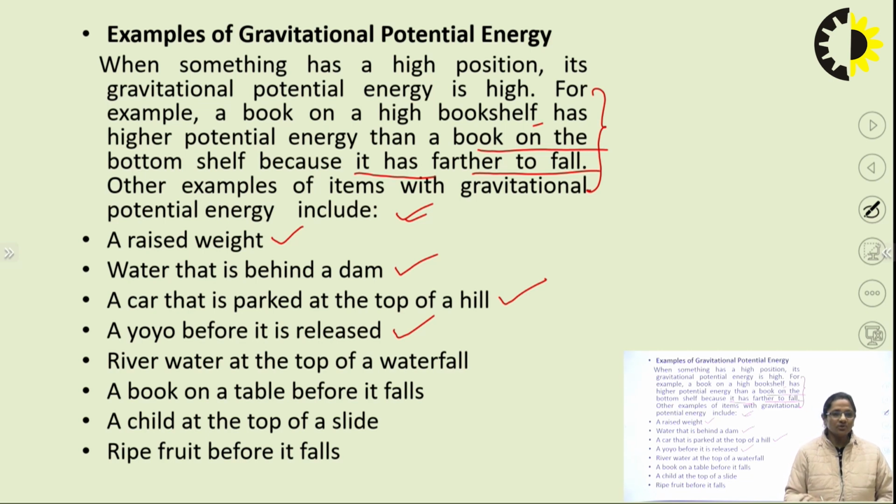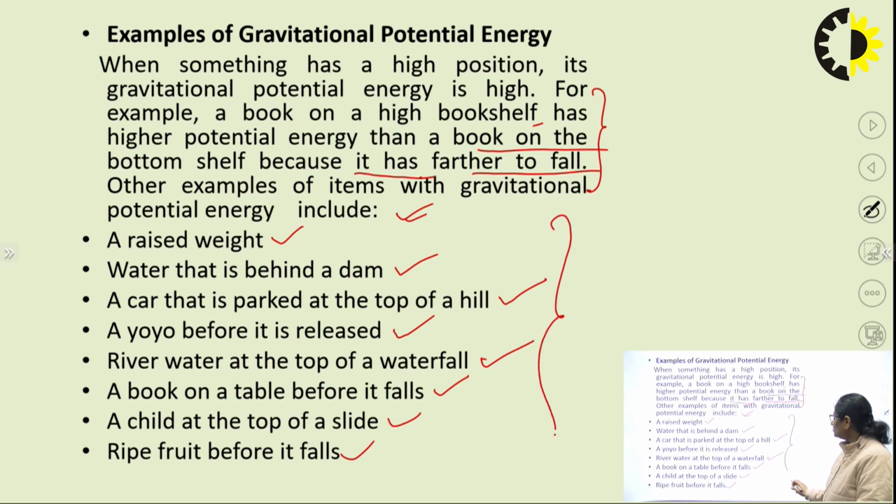And once the yo-yo is released, the potential energy gets converted to kinetic energy. River water at the top of a waterfall, a book on a table before it falls, a child at the top of a slide, a ripe fruit before it falls. They all are examples of gravitational potential energy.